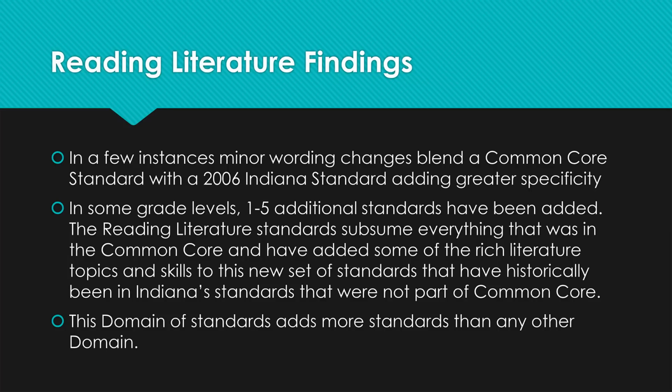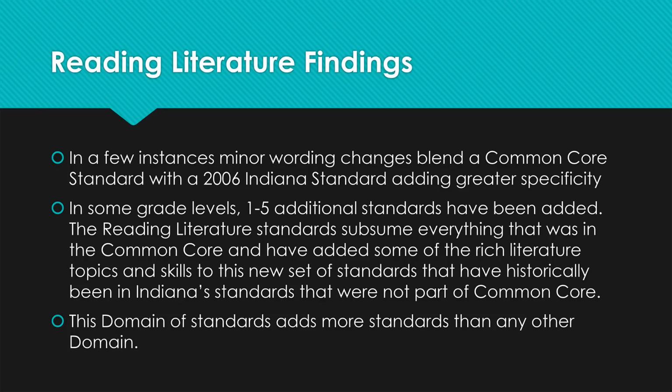If we look at the reading literature findings, this is where you will see the greatest differences between the standards that were previously published and this draft set of standards. In a few instances, minor wording changes blend a Common Core standard and a 2006 Indiana standard, which provides for greater specificity. In some grade levels, additional standards, somewhere between 1 to 5 standards, have been added.